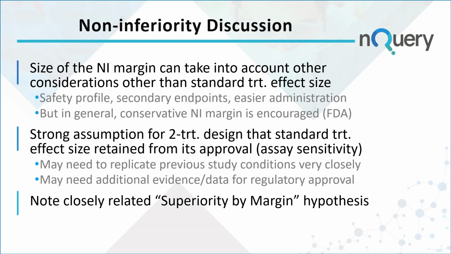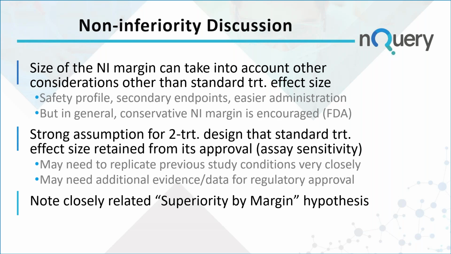One other issue that we're going to get into when we talk about three-arm trials is that in the standard two treatment design, where you're just looking at your proposed non-inferior treatment versus standard treatment, you are making a strong assumption that the control effect you are assuming from the original study has been retained.